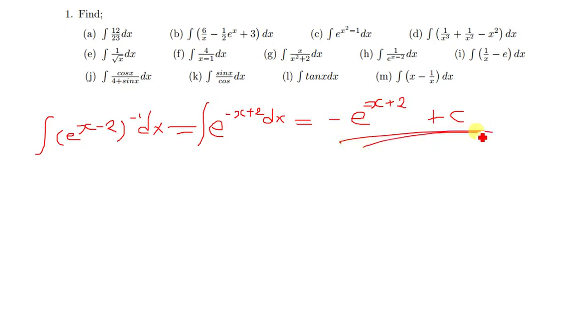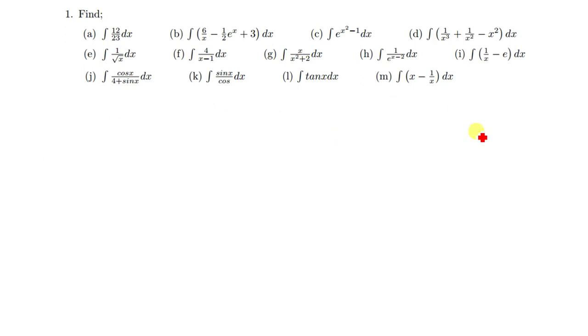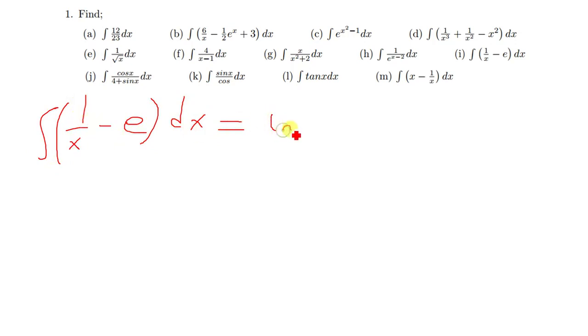So we move on to I. I is saying the integral of 1 over x minus e, with respect to x. The integral of 1 over x is nothing but ln x, and then minus the integral of e.